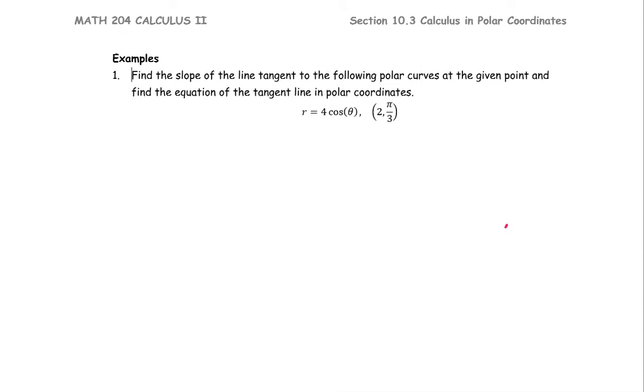In this problem, we are going to find the slope of the tangent line to the following polar curves at a given point and find the equation of the tangent line in polar coordinates. The first part is to find the slope of the tangent line, or to find dy by dx.